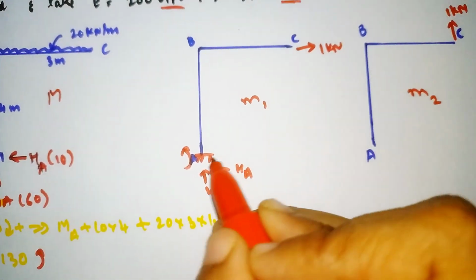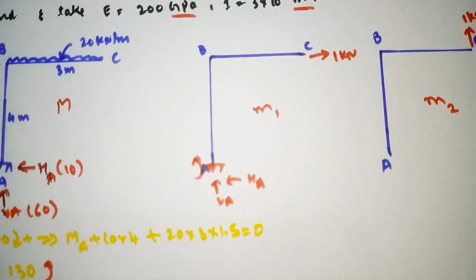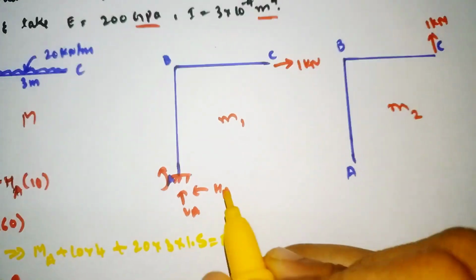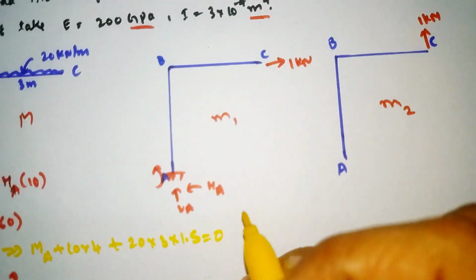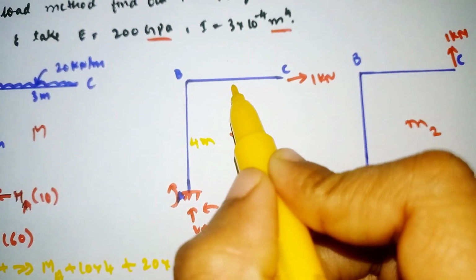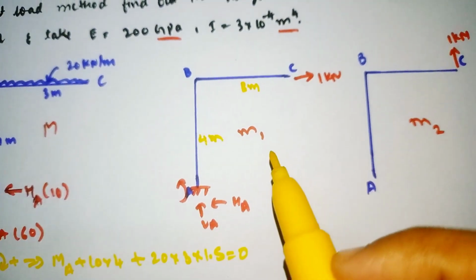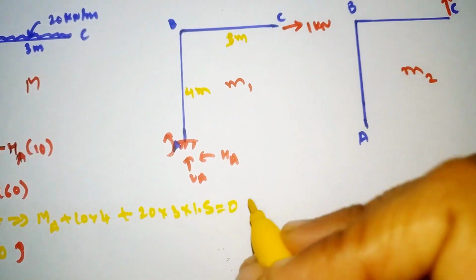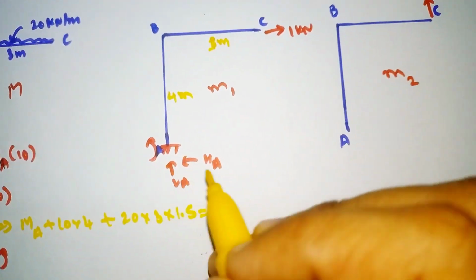First I will find out the reaction of this support. Here the distance we have is 4 meter, here we have 3 meter. Now we need to find the support reaction.